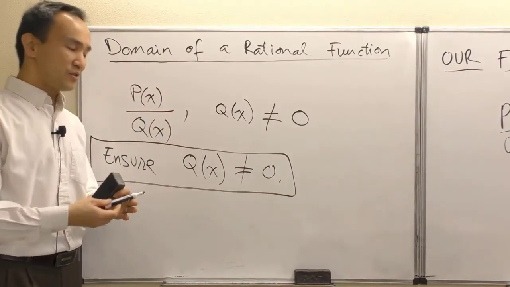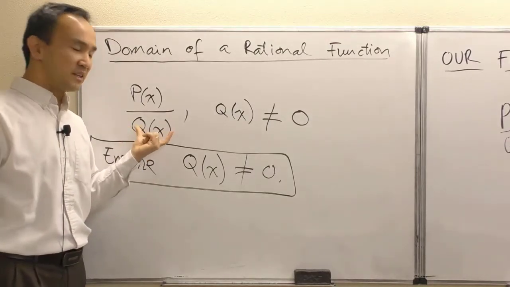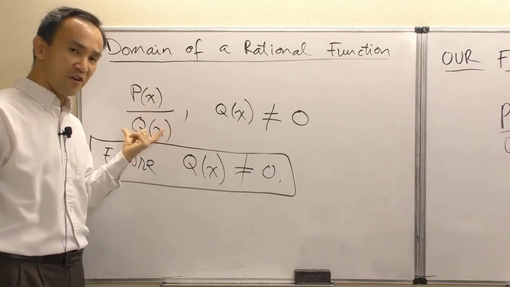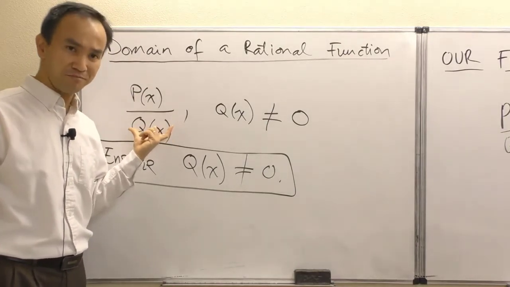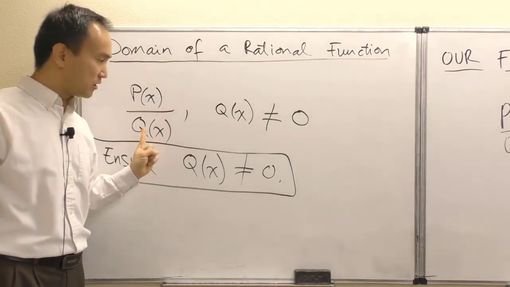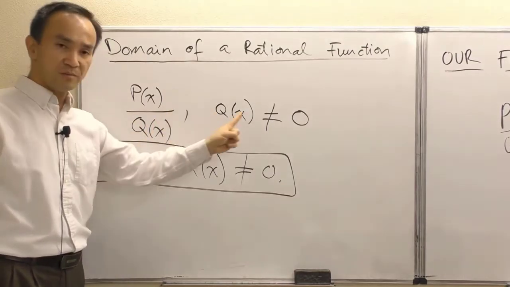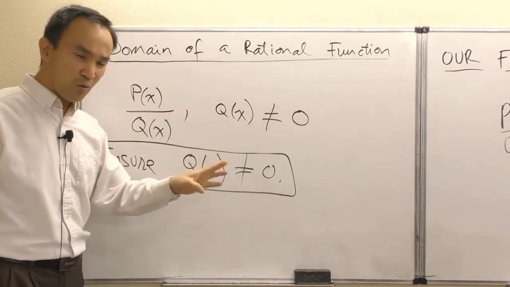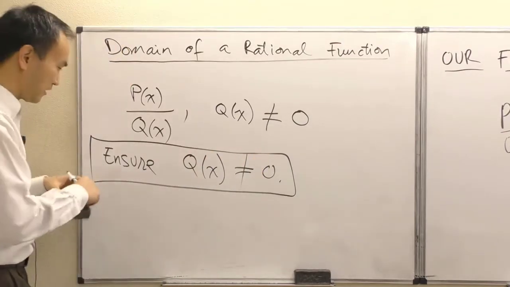Our function here is a rational function having a denominator that is other than a constant, dependent on an input variable x. So the value in the denominator must be ensured to be other than 0. To ensure the denominator is non-zero, here's the logic.